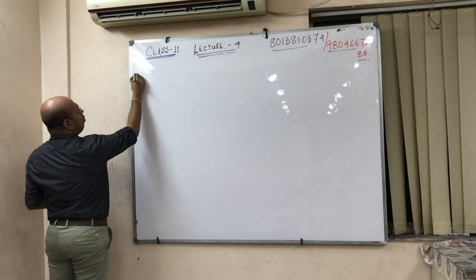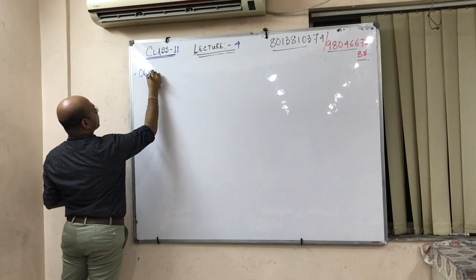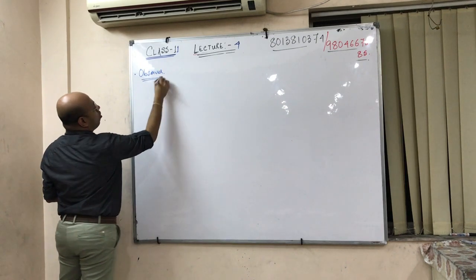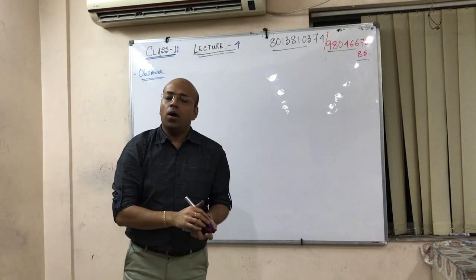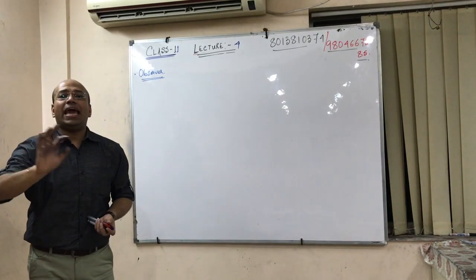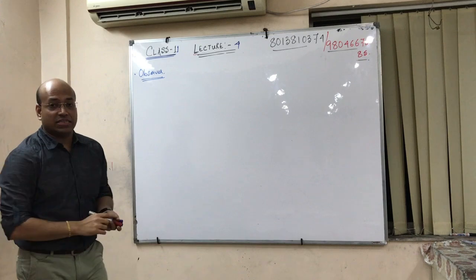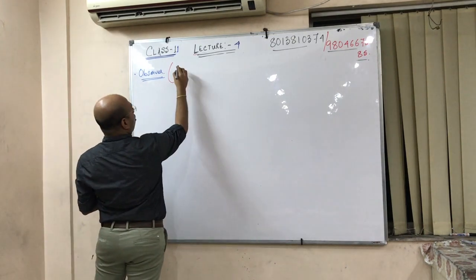Sir, who is an observer? Now, observer is the most important part of motion quantity. Observer can be anywhere on the axis. Now, here we go.